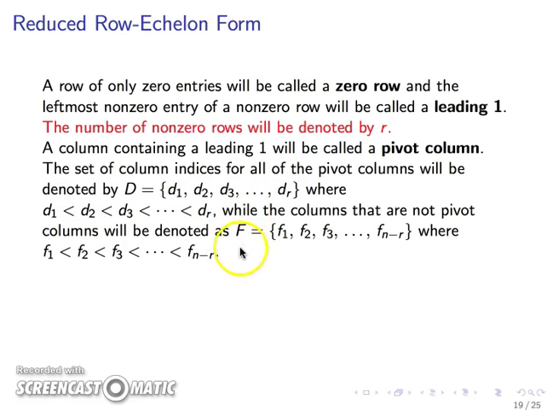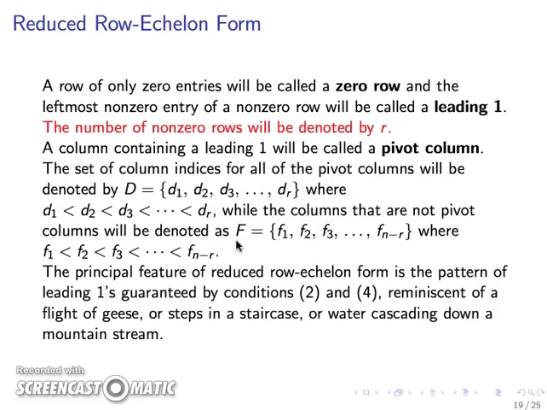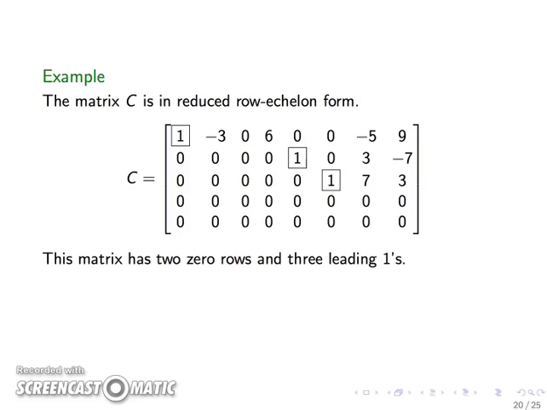And then there will be another set called capital F. So capital D stores indices of pivot columns, and then capital F stores the rest, all the other indices. Again, this will become clearer once we start working with this, and you're going to do a lot of practice. So the principal feature of the row echelon form is a padding of leading ones. Okay, and with those definitions in mind, let's try to answer this question.